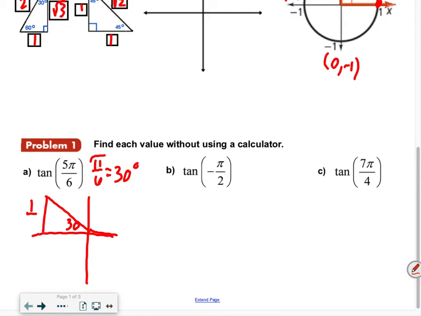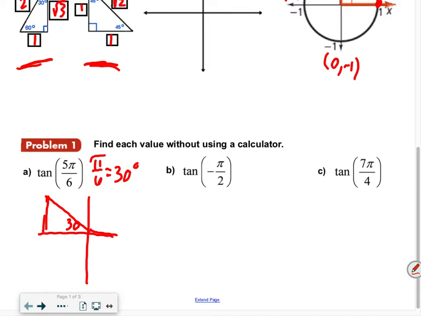And then the same thing we've been doing, except we are not going to use our half and square root of 3 over 2. You can if you want, but when we divide them, those halves go away anyway. If I take a half divided by a square root of 3 over 2, it's just the same as 2 over square root of 3. So we're not even going to bother with the halves anymore. We're going to use those standard triangles.